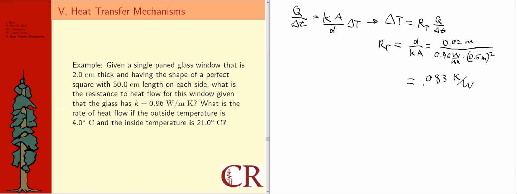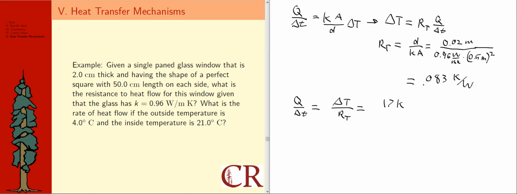And then for the second question, where it asks what is the rate of heat flow, we're really being asked to calculate Q over delta T. One way of looking at it is, since we've already calculated this resistance to heat flow, if we divide both sides of this formula by R sub T, the thermal resistance to heat flow, then Q over delta T equals delta T divided by R sub T. So I'd have 17 Kelvin as the delta T going from 4 degrees Celsius to 21 degrees Celsius.